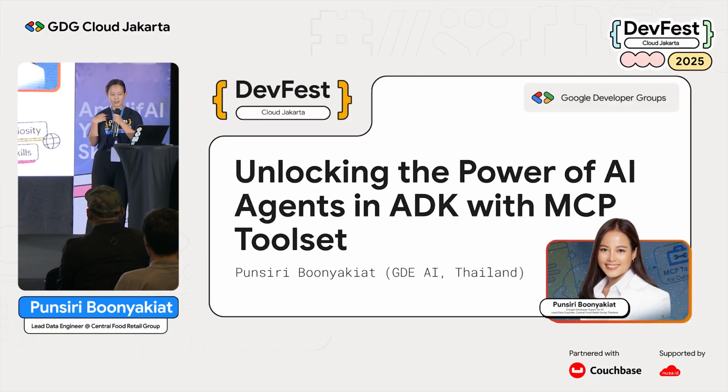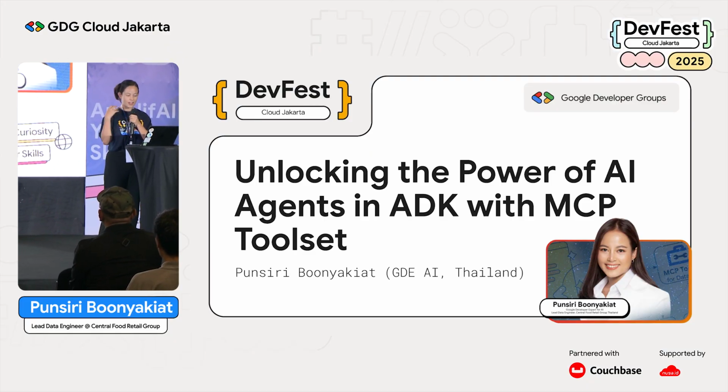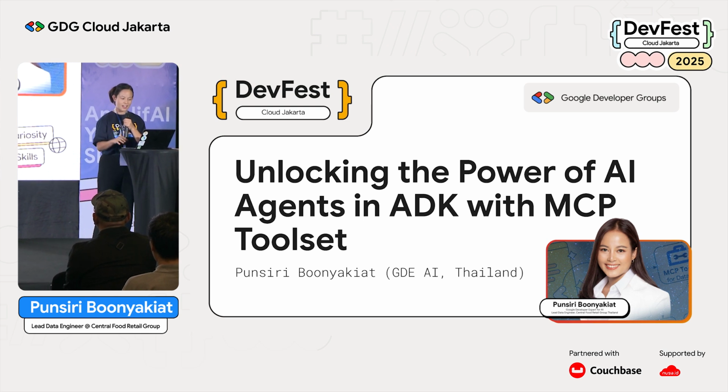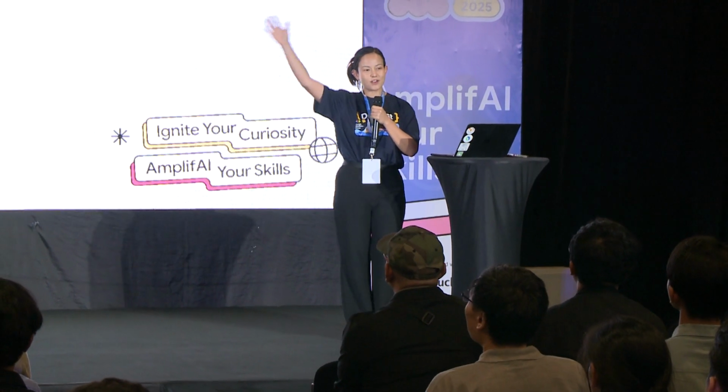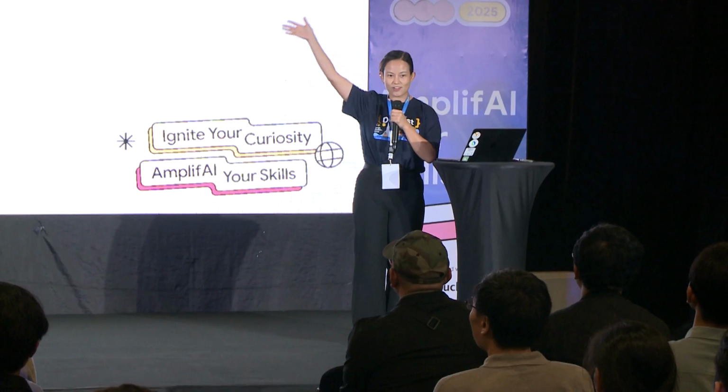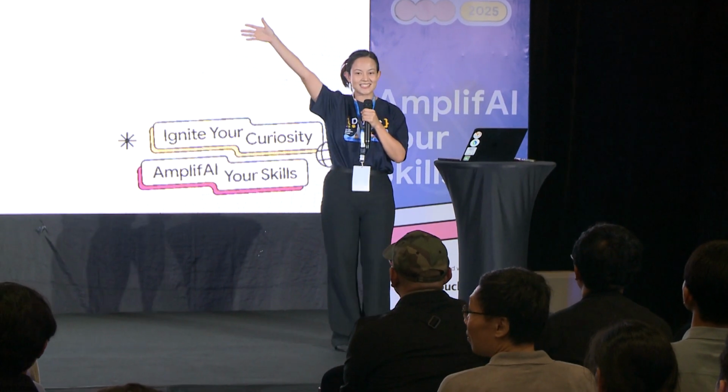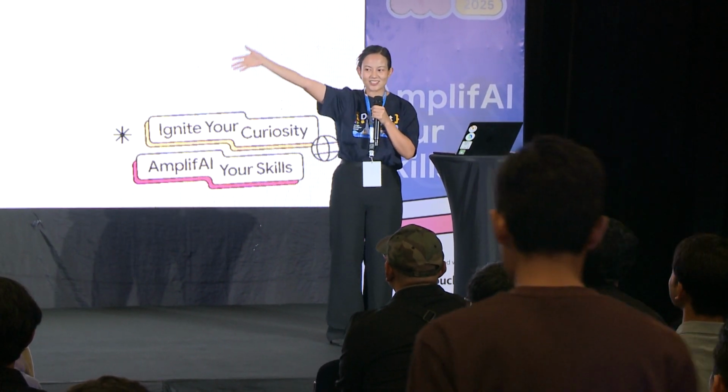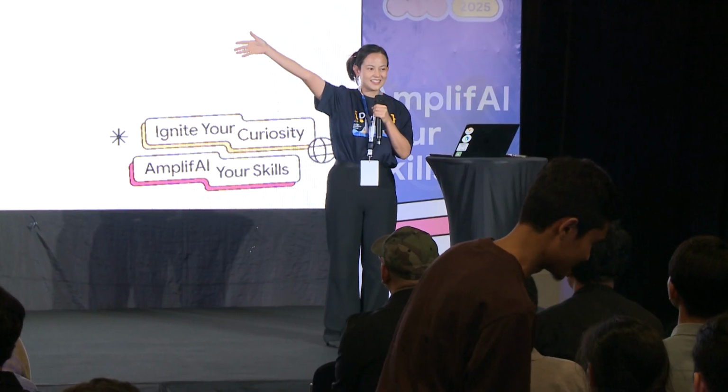So today I'll be talking about unlocking the power of AI agents with ADK and MCP toolset. First of all, let me do a sound check. Have any of you been using ADK for developing AI agents, or are you totally new to ADK?